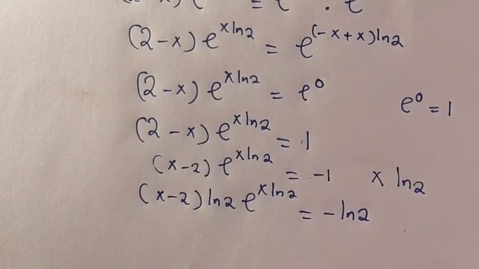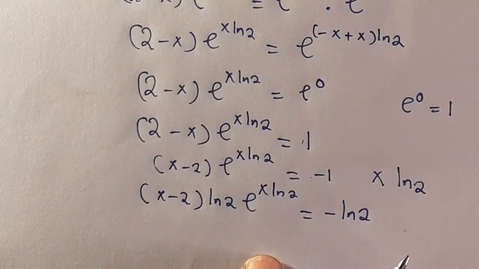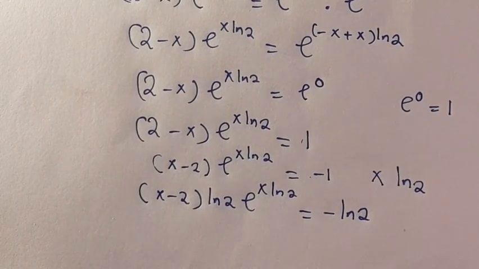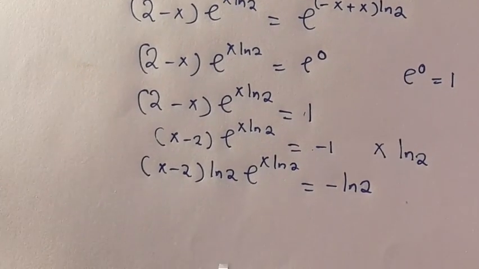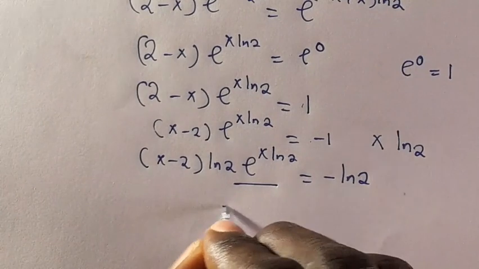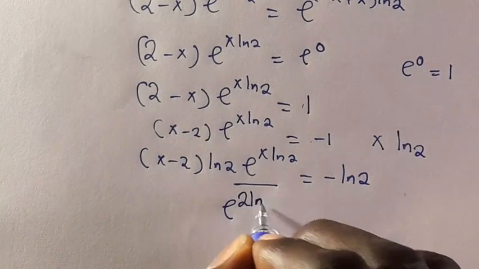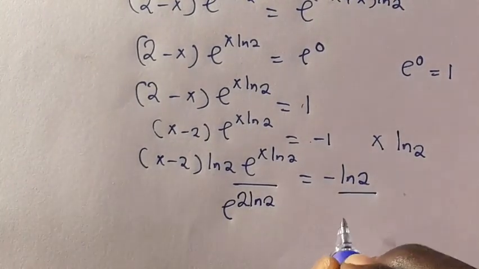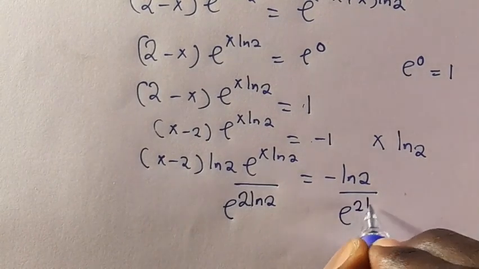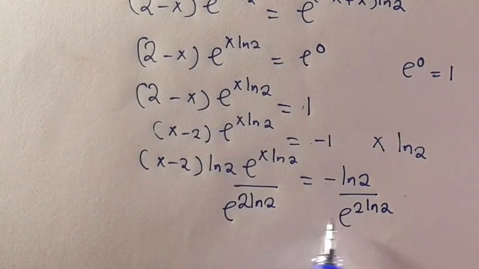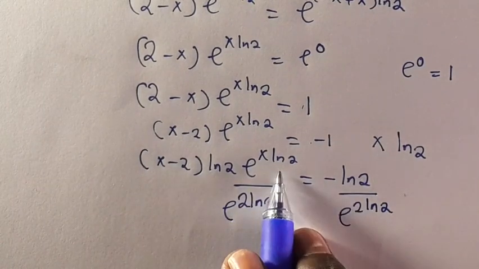From here, we want to do some manipulation. Let's divide both sides by e raised to 2 ln 2, and divide this one too by e raised to 2 ln 2. This and this cancel out and we have this back.